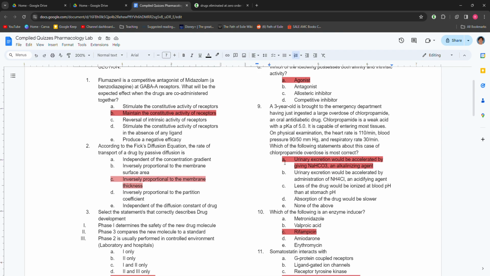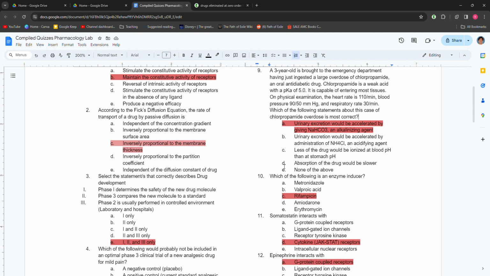So the answer is urinary excretion would be accelerated by alkalinizing the urine. So the effect of that is by making the urine pH alkaline, you will be converting the chloropropamide into an ionic form, which would prevent its reabsorption by the kidney tubules and therefore facilitate its elimination through the urine.